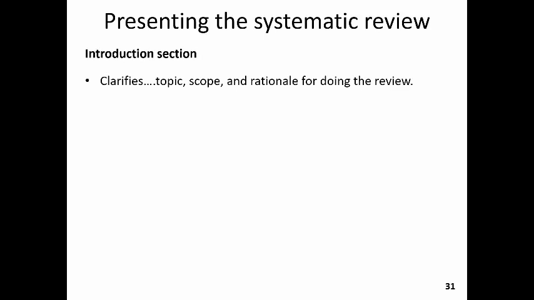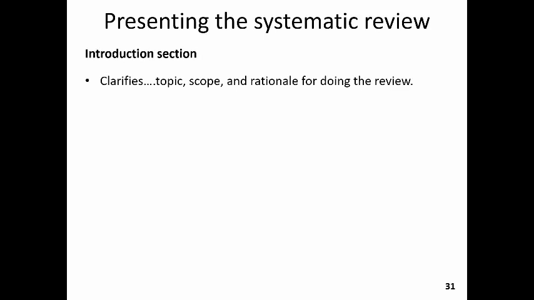Now that the systematic review is completed, the researchers have to put the systematic review into a report for dissemination. And this always begins with the introduction section of the systematic review paper.